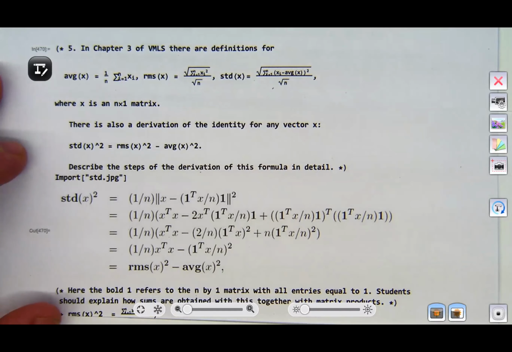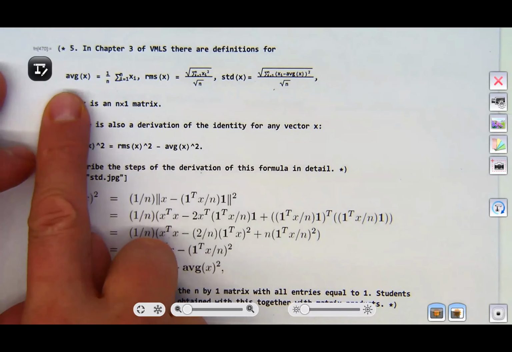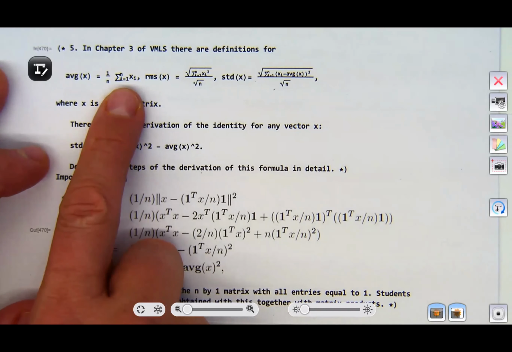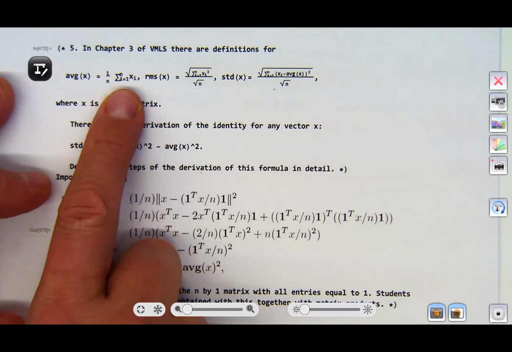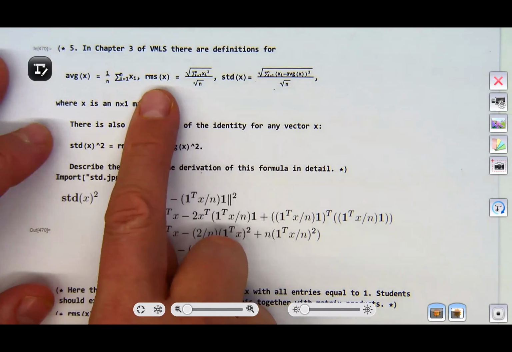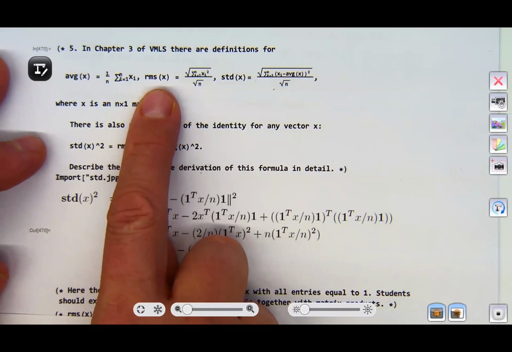Okay, so here are the definitions, right? So AVG is just as the name suggests, the average. The vector x has n entries, x1, x2, up to xn. So if we add all those up and divide by n, then we have the average of the entries of x. RMS, I can't think off the top of my head what that refers to, probably because I'm not a statistician.